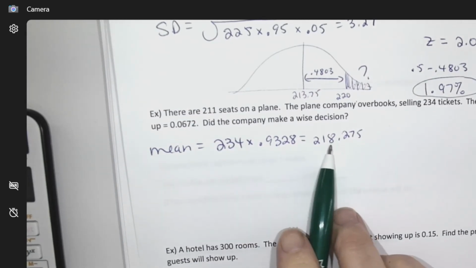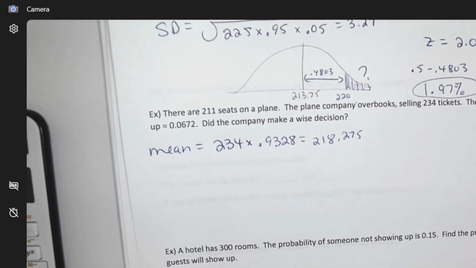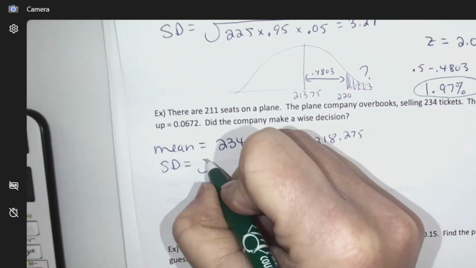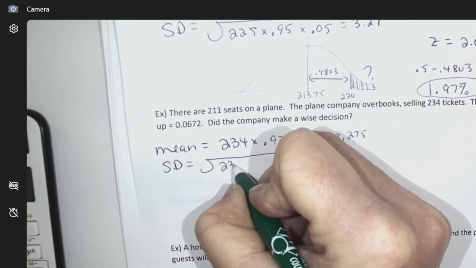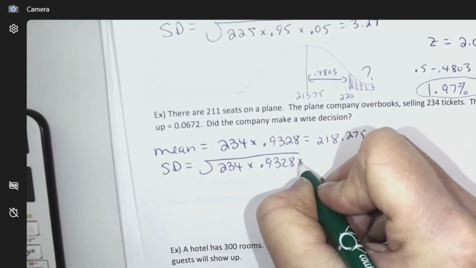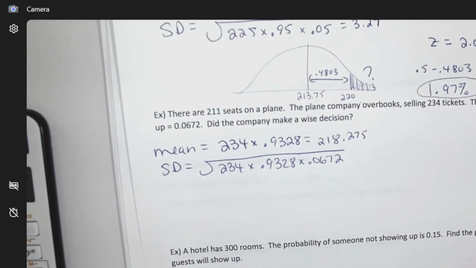If we're already expecting that many, and there are only 211 seats, this probably isn't going to be good.